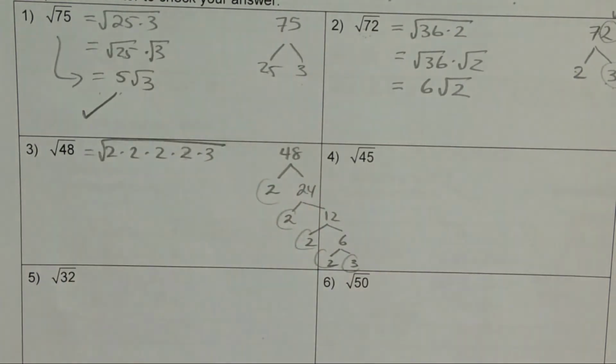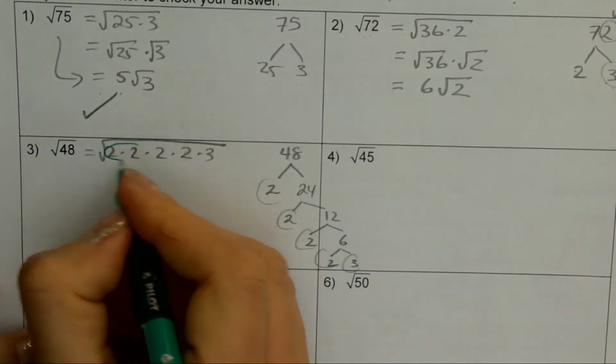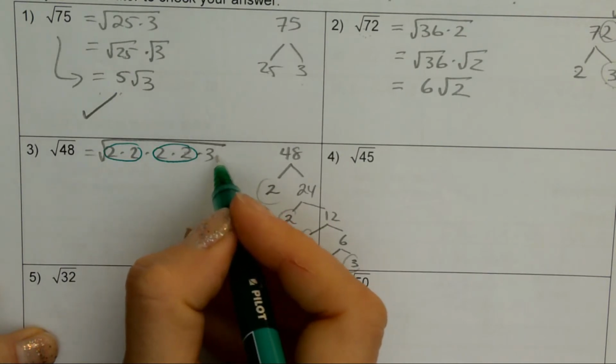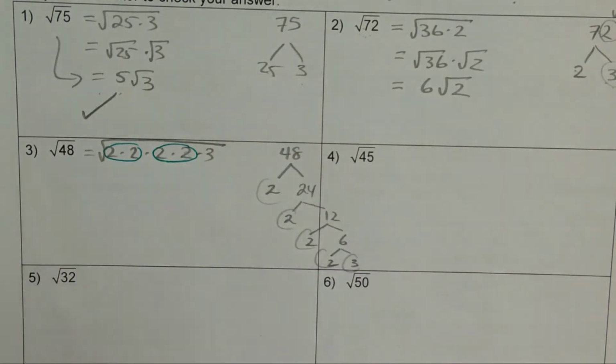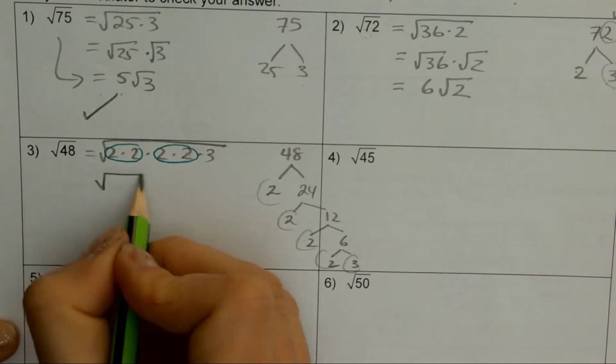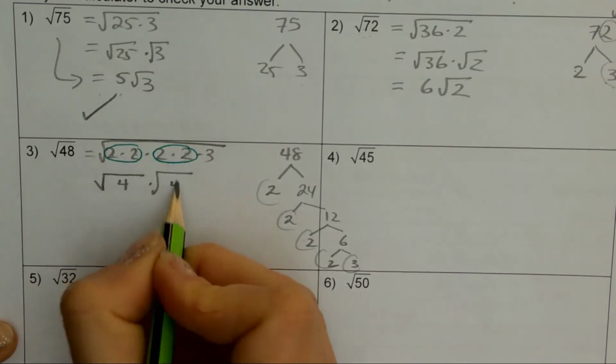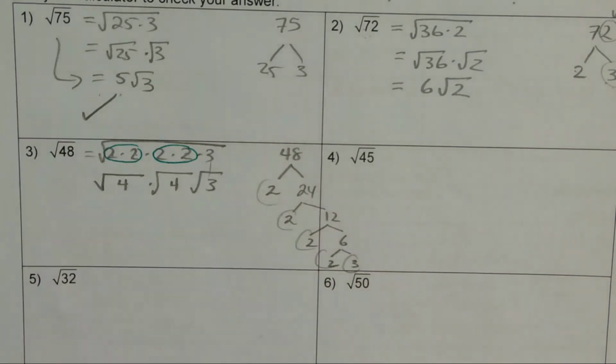Now I take it and I put it in groups of 2. So this goes together and this goes together. There's no other 3 to go with this one, so he stays by himself. So that's, what's 2 times 2? 4. And that 3 stays by himself.